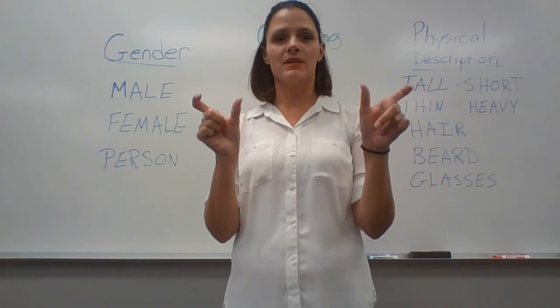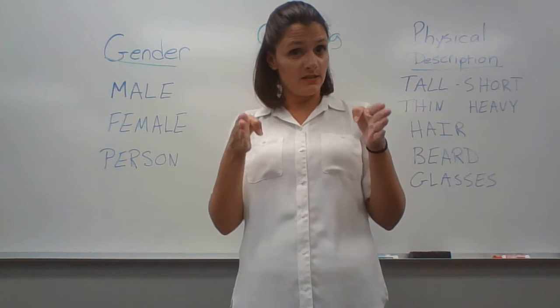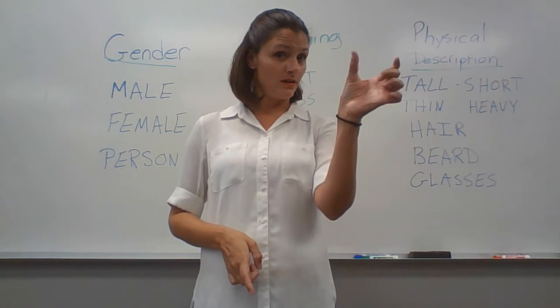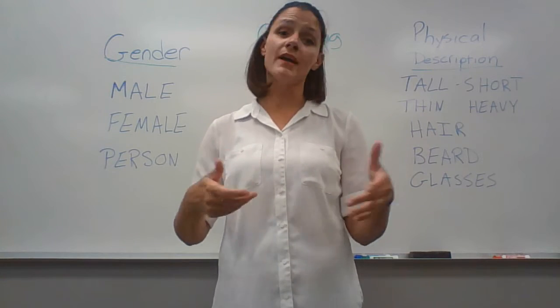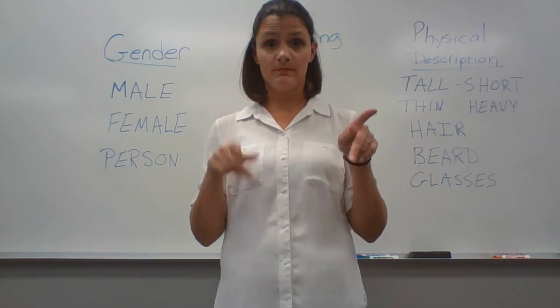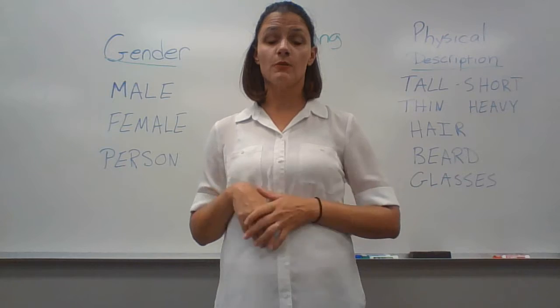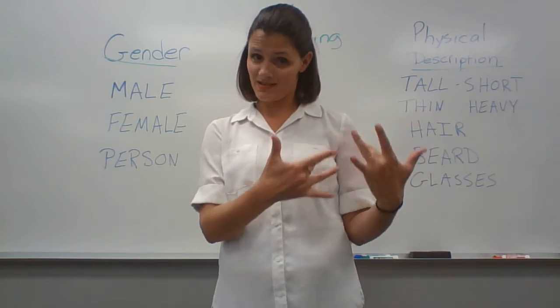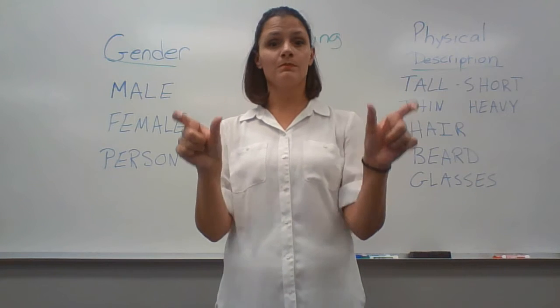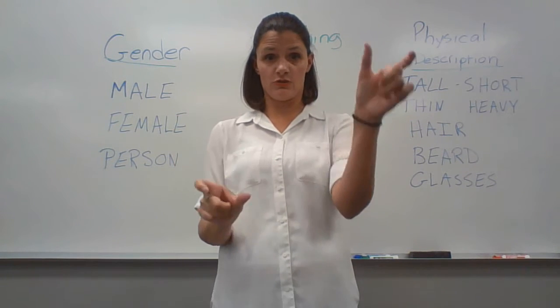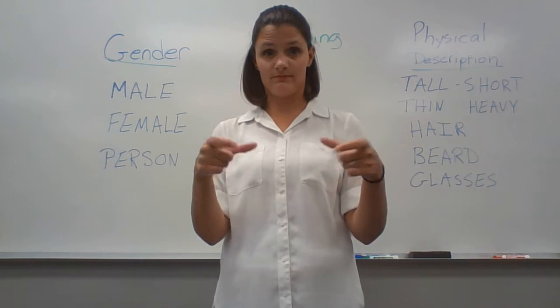It's illustrating the shape of a body, like this is the shape of a person, a person, a person, people. I don't care what you use, up to you. I tend to sign people. If you're going to sign this one, please make sure your people are this direction, not this direction.